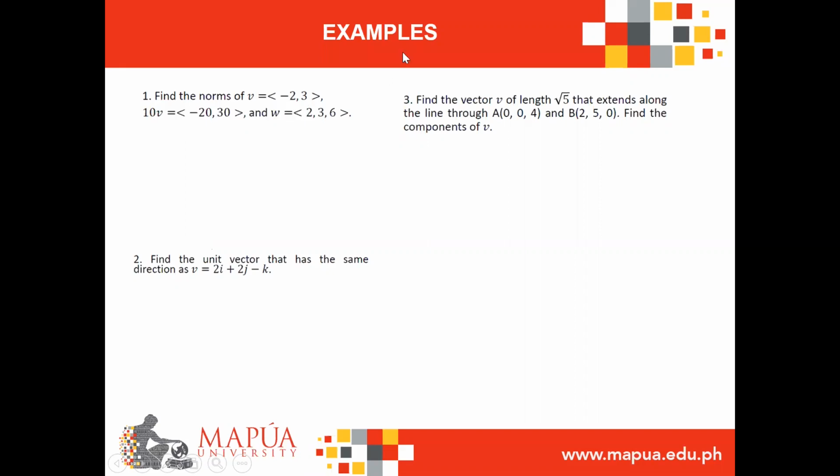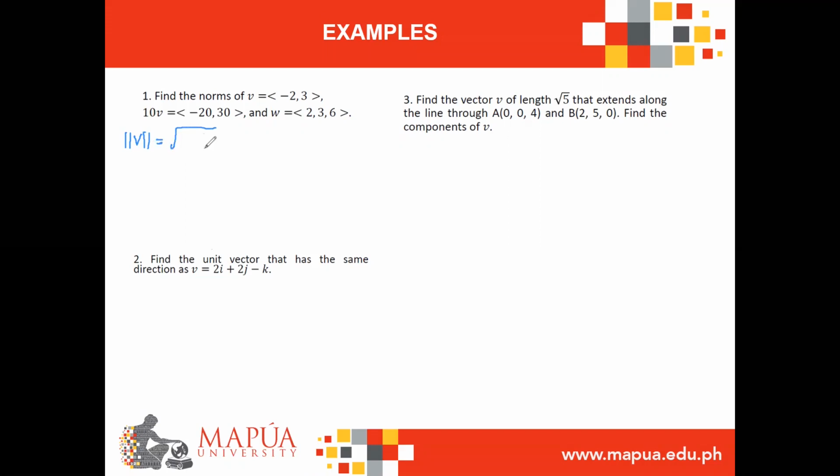So for vector v, the norm of vector v would be equal to, we use the symbol magnitude of v or norm of v, the square root of quantity negative 2 squared plus quantity 3 squared. So the answer is 4 plus 9 is equal to 13, square root of 13.